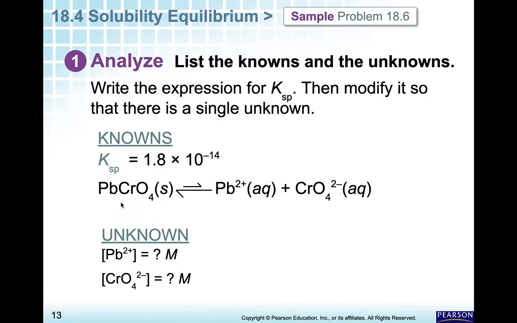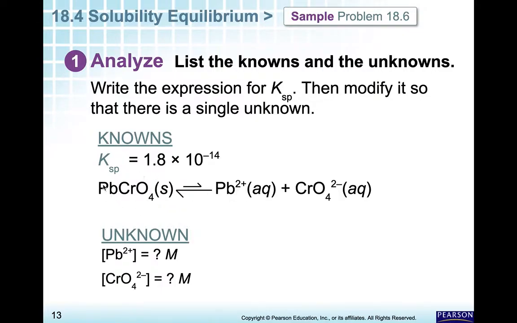Now, just like the previous lesson, the reason we need a balanced equation is because we need the stoichiometry. We need the relationship between the amount of lead ions and the amount of chromate. And we can see here that they're going to have to be equal, right?